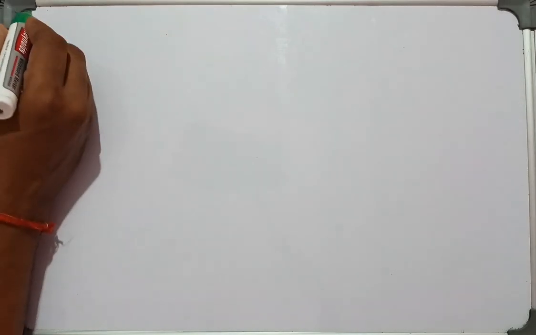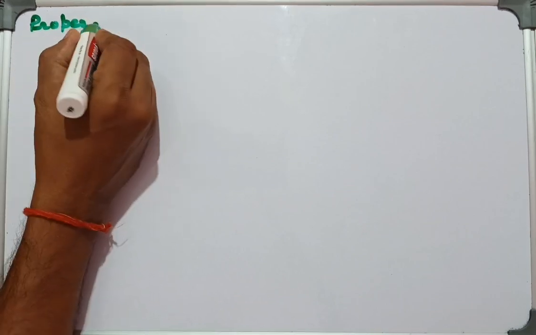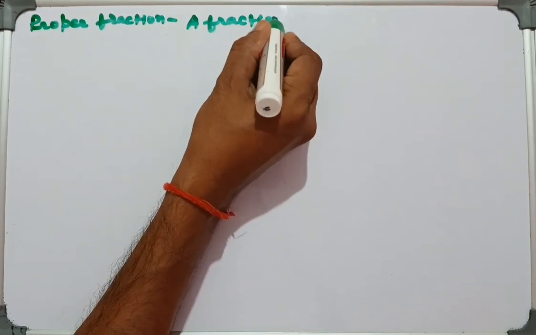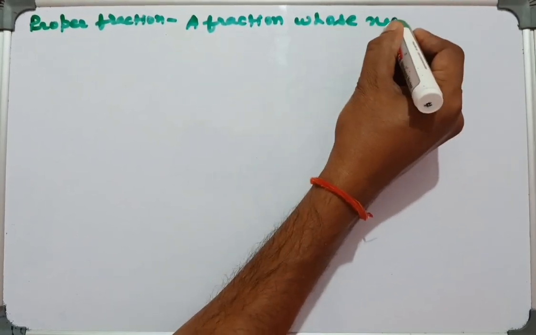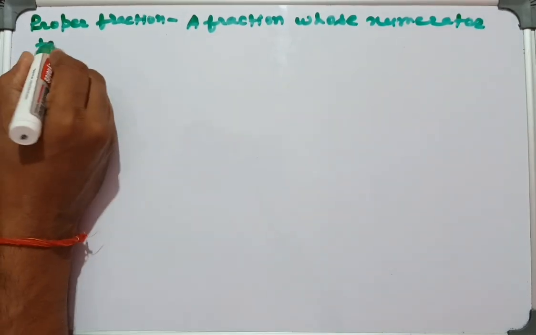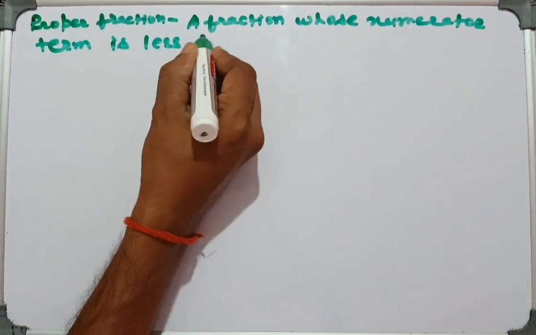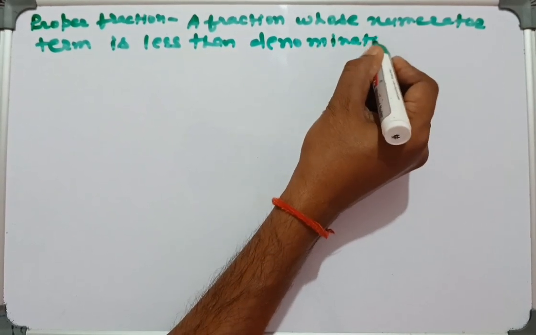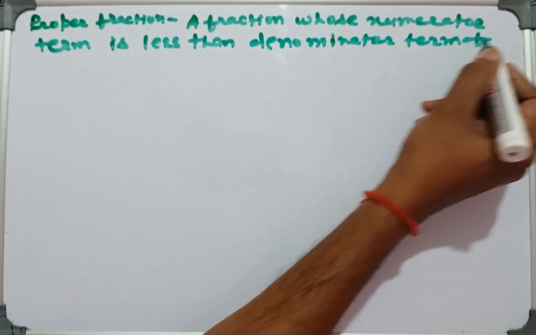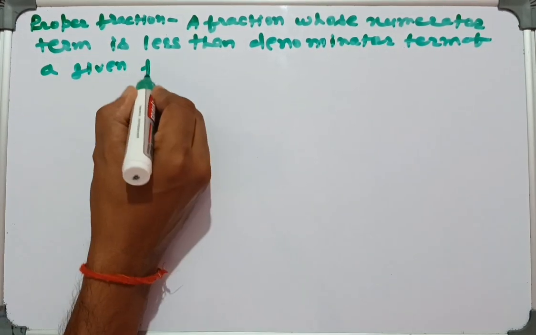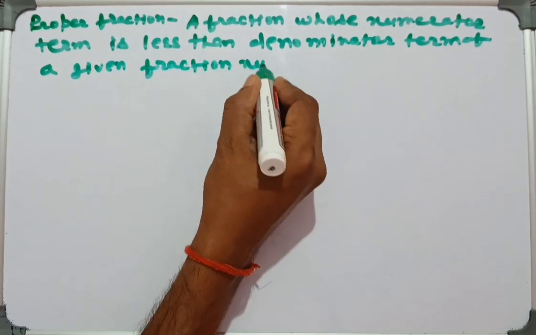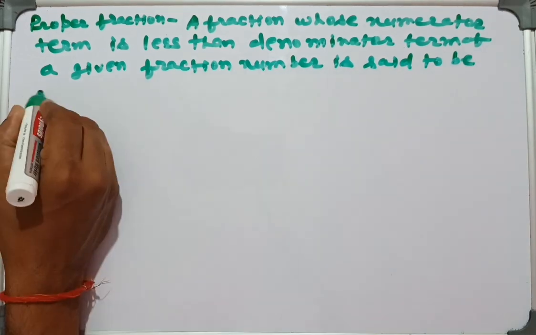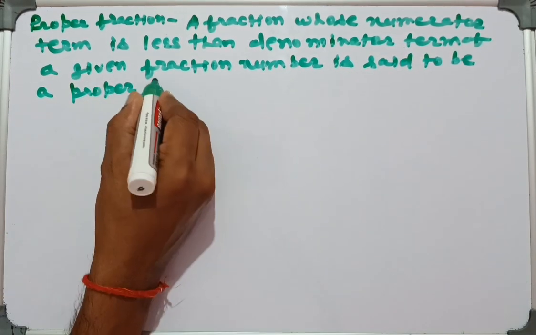A proper fraction: a fraction whose numerator term is less than the denominator term of a given fraction number is said to be a proper fraction.